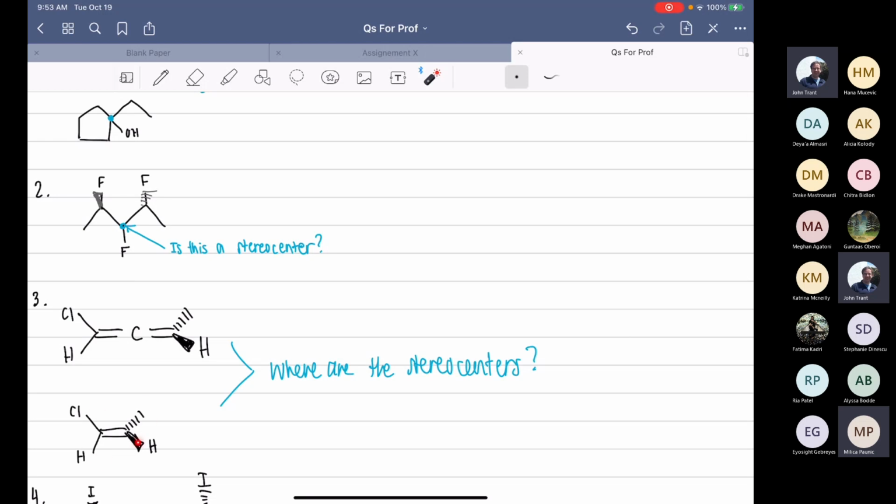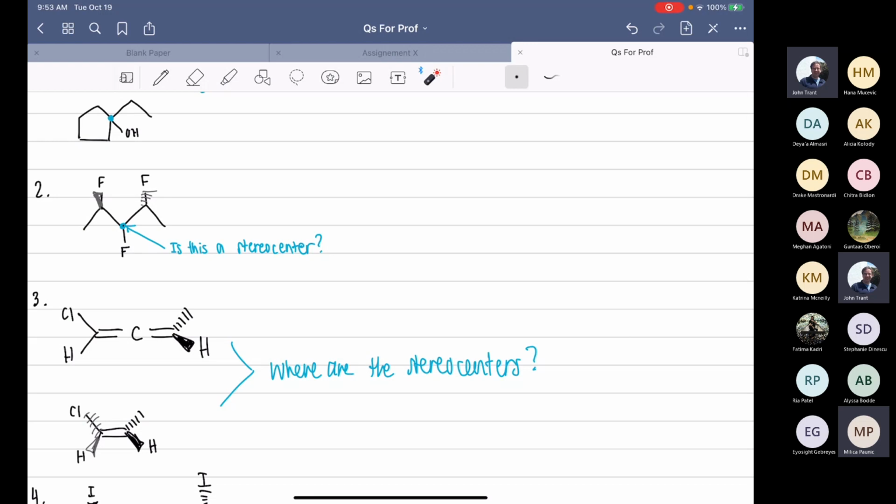The one on the bottom there is just misdrawn because everything has to be parallel. You can't have the geometry drawn is not possible with one carbon, with 2 carbons. And then it's not a stereocenter, because it's perfectly flat. It has no 3-dimensionality. It's all in 2 dimensions.